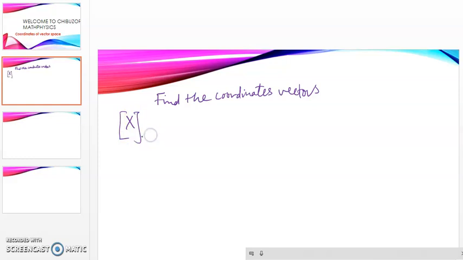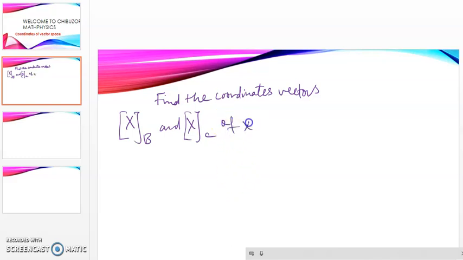The question is to find the coordinate vectors of x to the base b, and x to the base c.